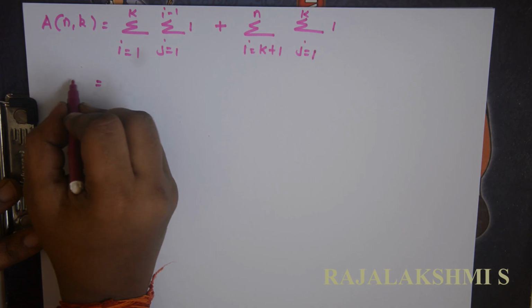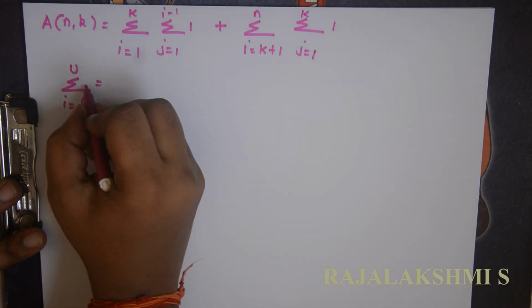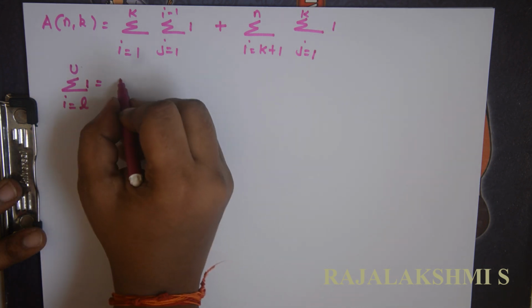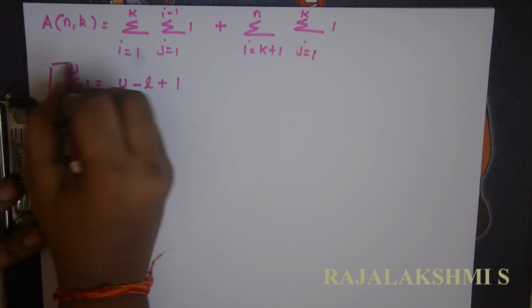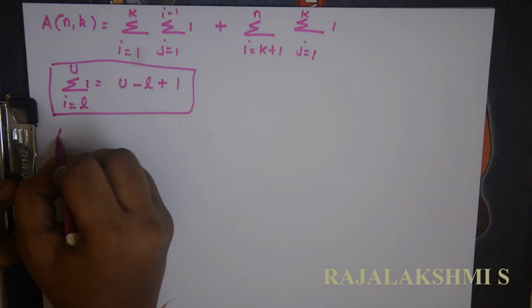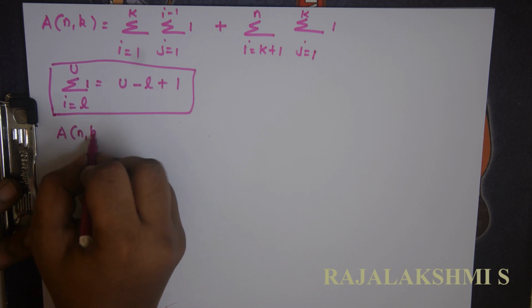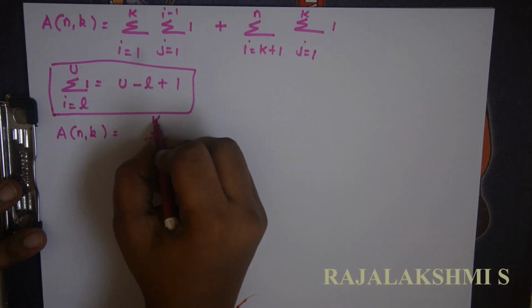We know a well defined formula: summation i is equal to lower limit to upper limit of 1 can be expanded as u minus l plus 1. So A of n comma k is equal to summation i is equal to 1 to k.